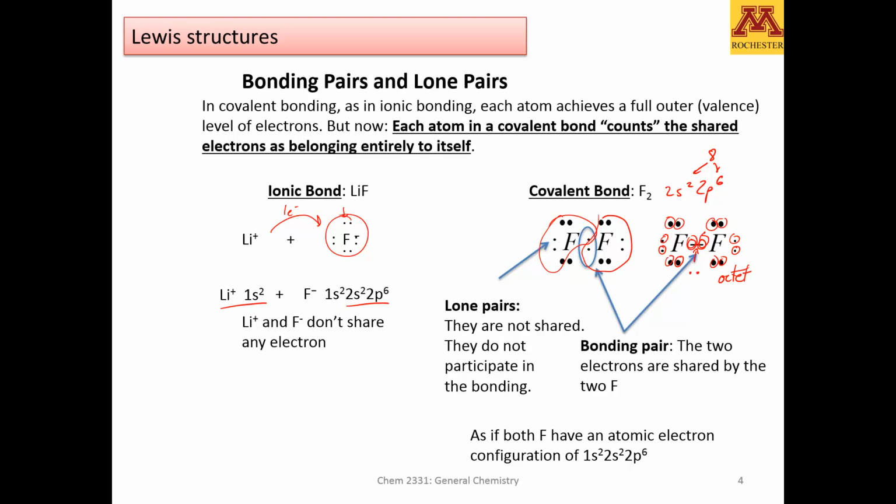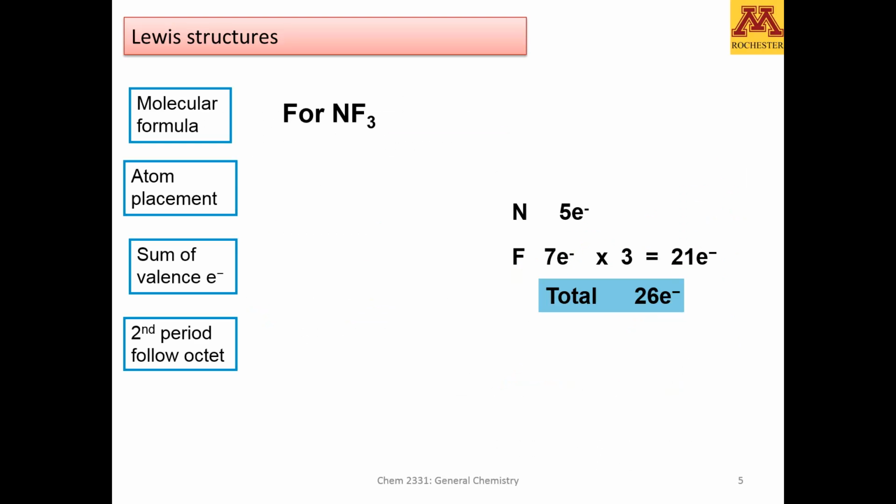So there are some rules to build a Lewis structure that we will follow more or less slowly, but we know that you have seen this before, so we will not go as slow as someone who has seen this for the first time.